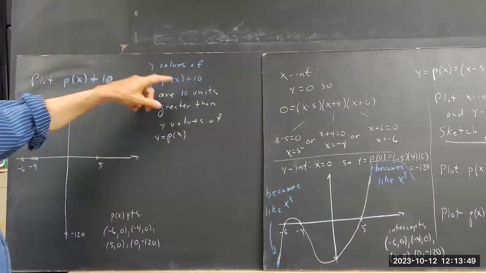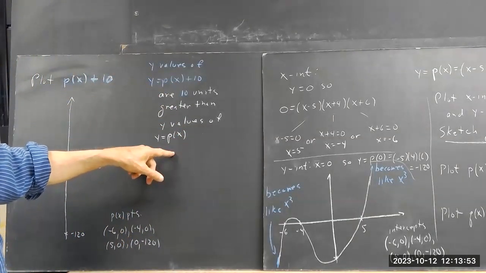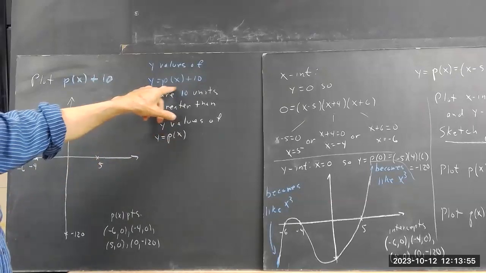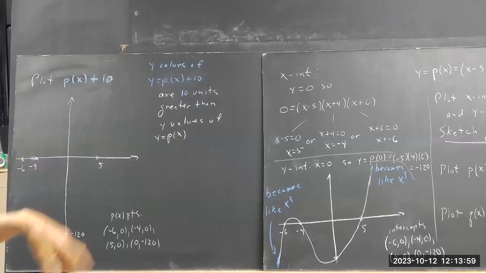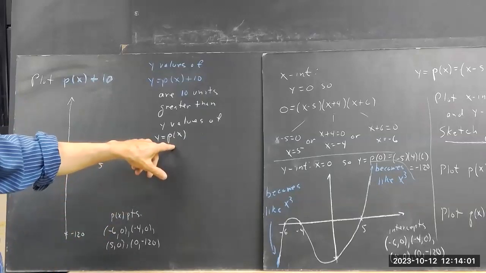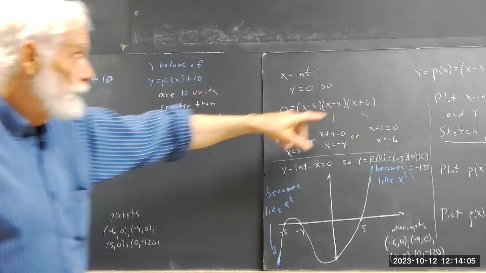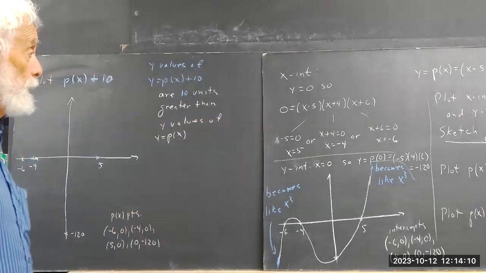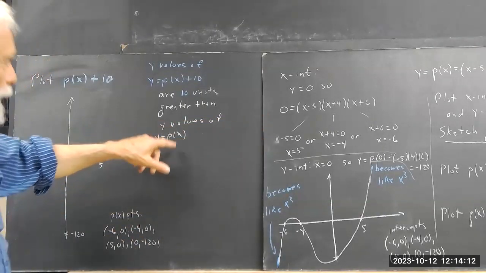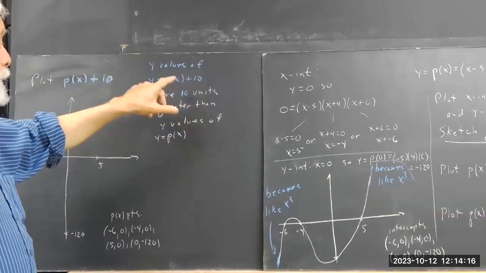What we're saying is that the Y values of this have to be 10 greater than this. So whatever P of X is at a value of X, this is going to be 10 more. In other words, if I plug negative 6 into this, I'm going to get 0. We established that a long time ago because of the factored form of P of X. If I plug negative 6 into P of X plus 10, I'm going to get 0 plus 10.